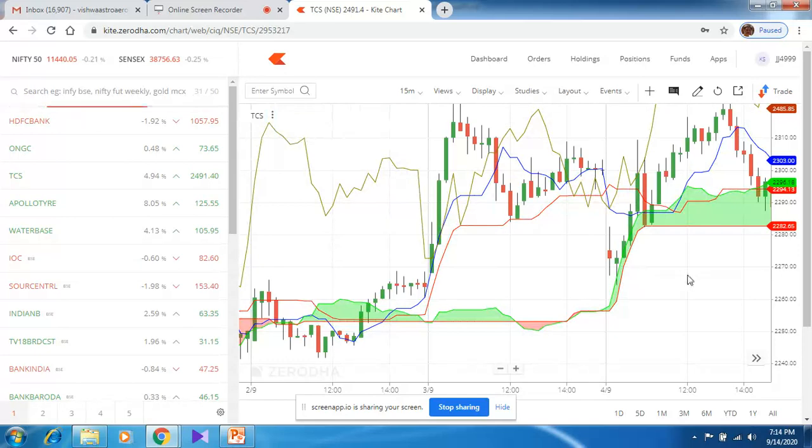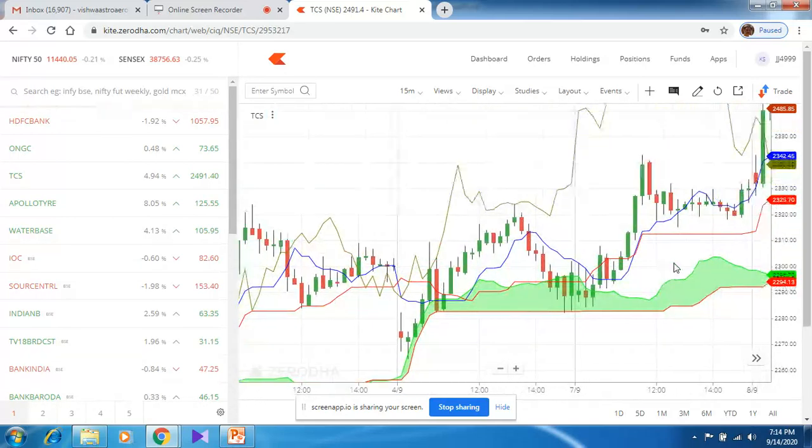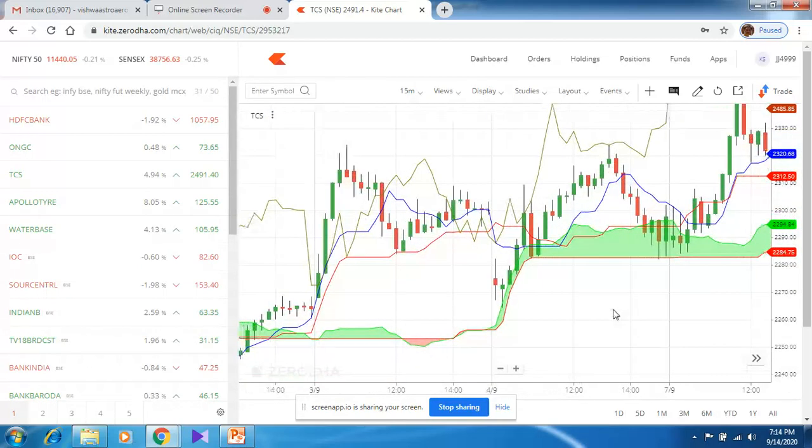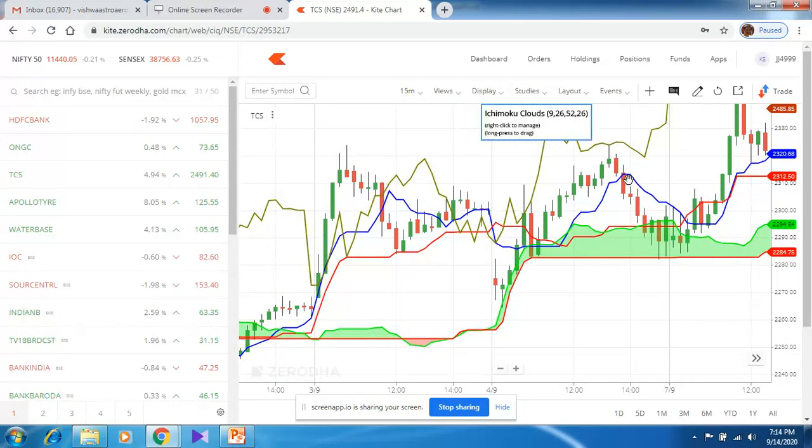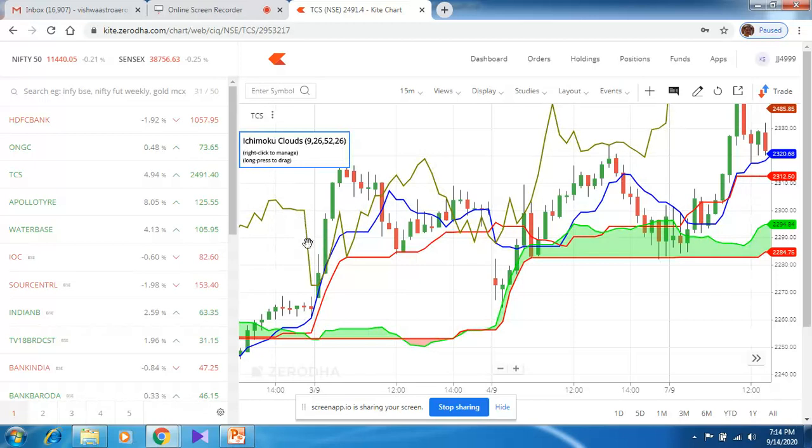Now similarly, moving ahead, let's see over here what is happening in order to illustrate the lagging span. As you can see here, once the maximum is hit here, the market has started to fall, isn't it? Now with respect to this position and this position, if we try to mark a horizontal line and compare, it is observed that the lagging span is also going down.